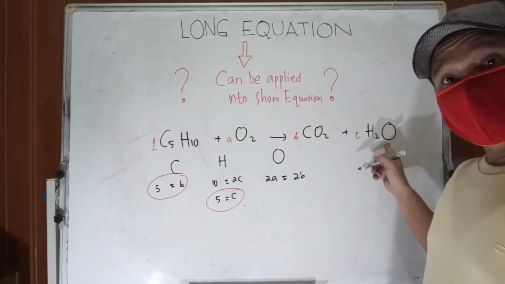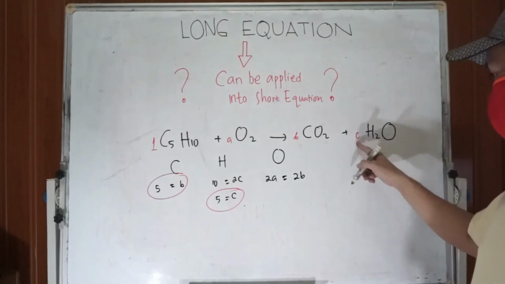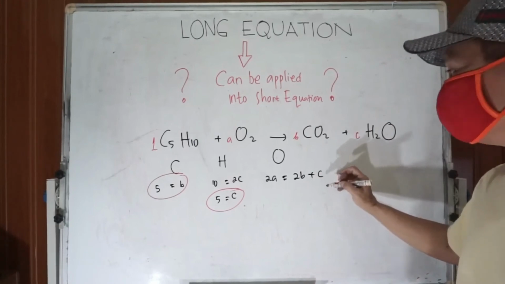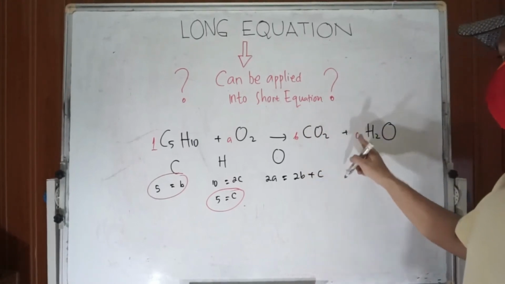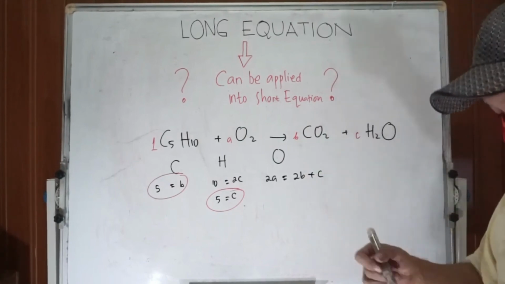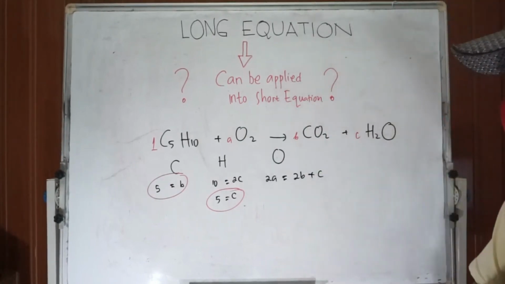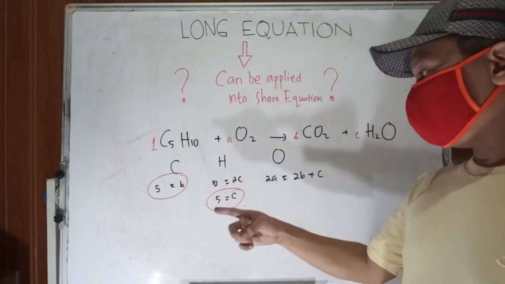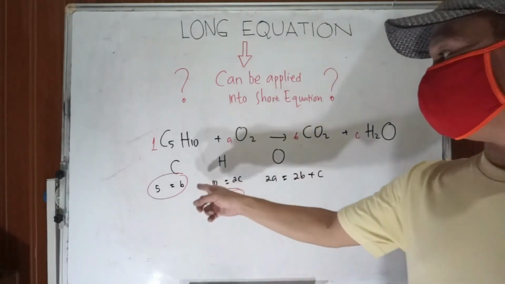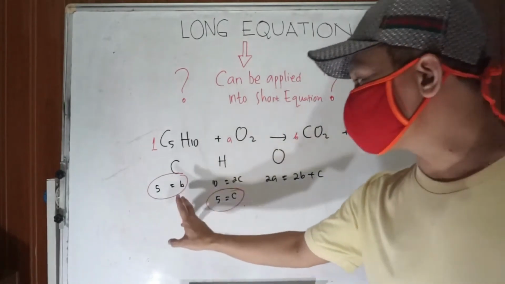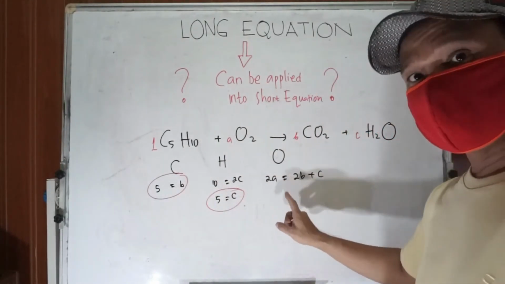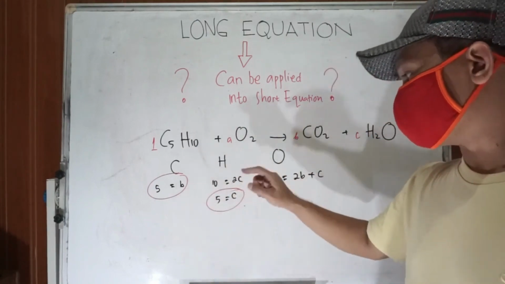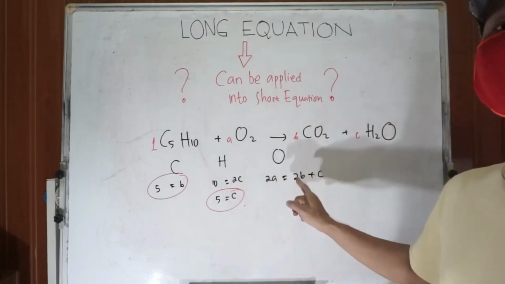But you still find oxygen here, C times 1, C. Once again, for oxygen: 2A equals B times 2, 2B, plus C times 1, C. Now you have a simple equation, and you already know B and C. You can insert the 2 values into the new equation, just insert B and C.